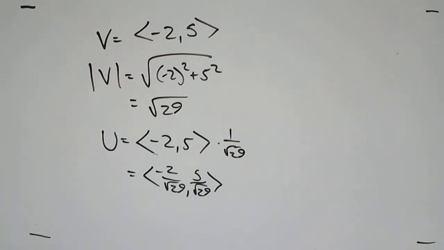In algebra, you would have to rationalize those denominators, but in this class, that's not the primary focus that we're looking at there. So I would be okay with you leaving it alone.